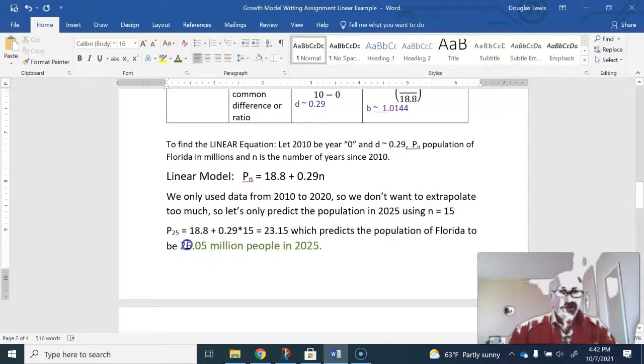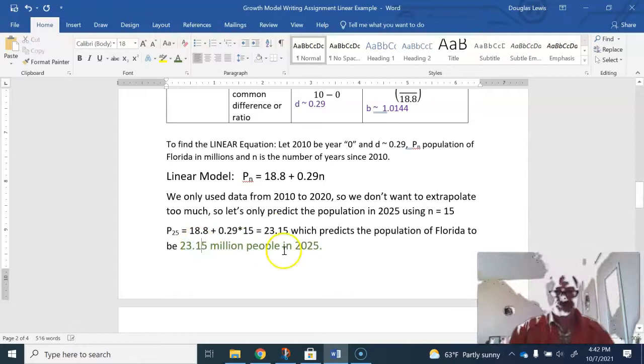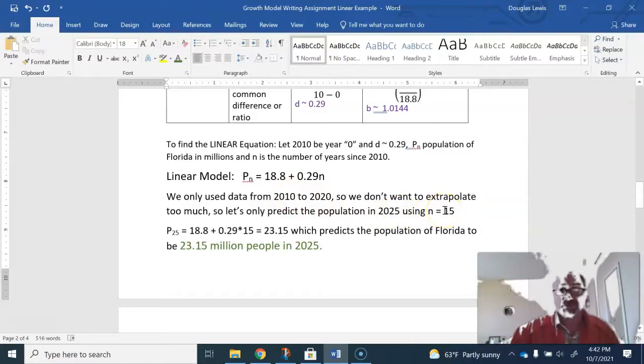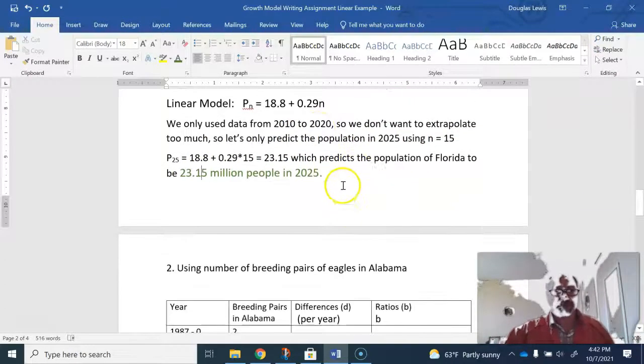And that's our population, 23.15 million in 2025. That's what we would predict the population to be. If year 0 is 2010, then 2025 should be 2025 minus 2010. It's 15 years past the original. So that's our estimate, 23.15 million people.